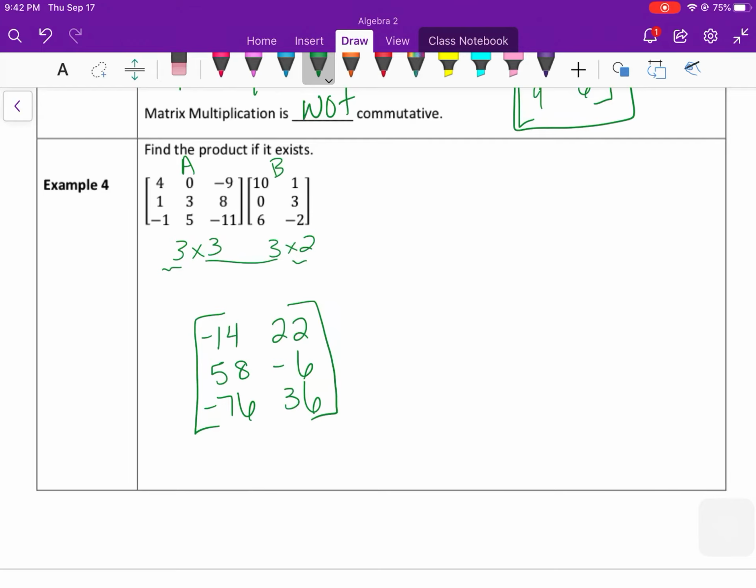How about we find the answer for one row? So let's take the second row times the second column. So second row, second column, the product should be -6. I'll show you how we get that.